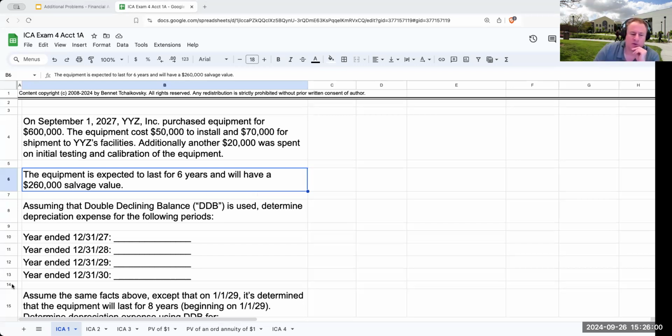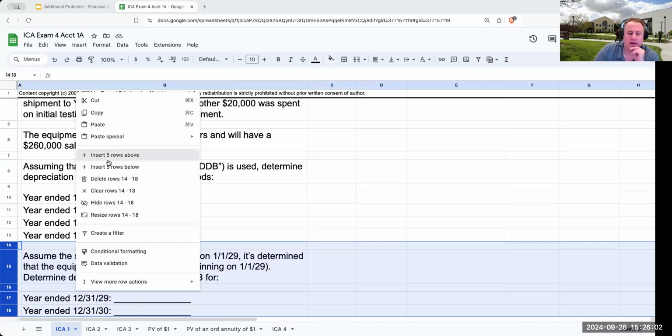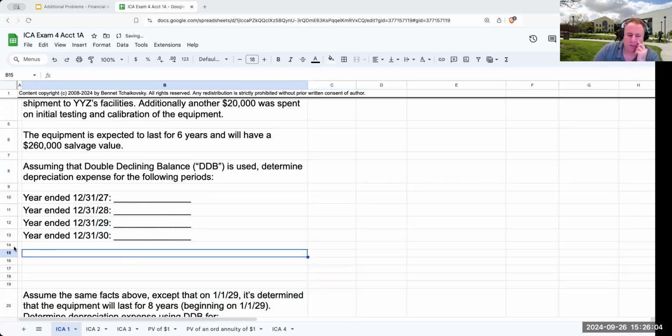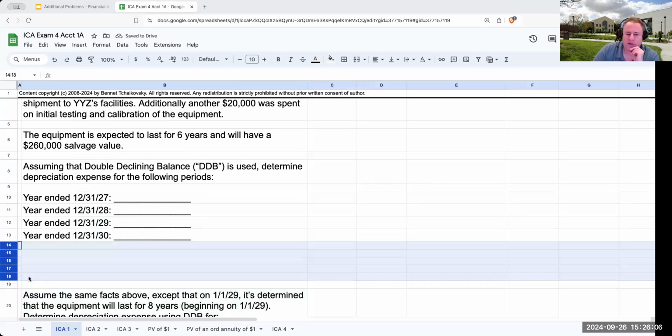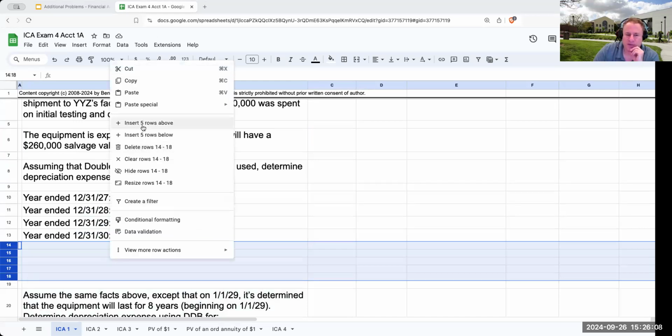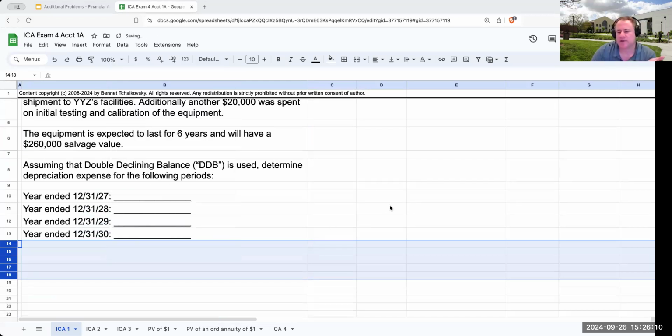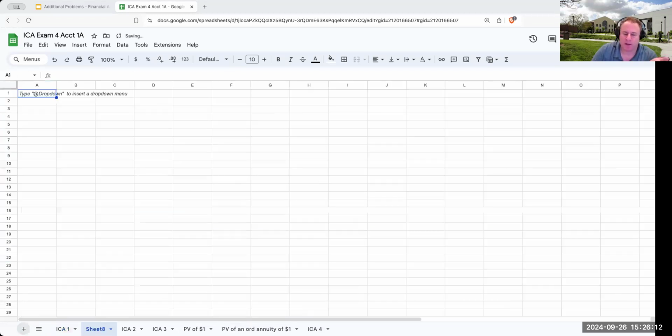So we're going to go ahead and start with this one. When we're dealing with double declining balance, this is really an accelerated method of depreciation.